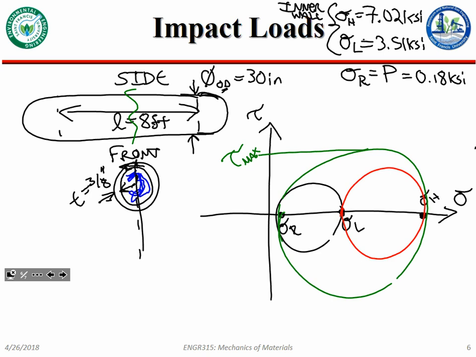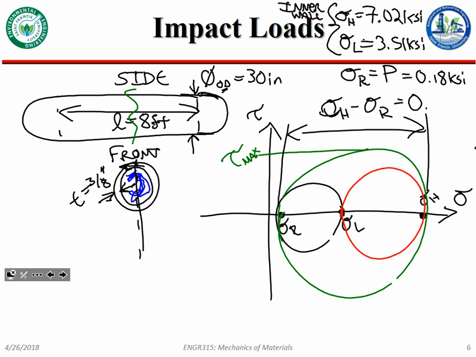Sure. What's that number? 3.42 KSI is the radius, so the diameter here, or from there to there, would be sigma h minus sigma r, right? And that'd be like 0.684, something like that.